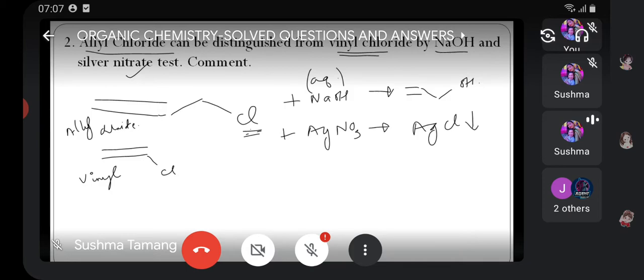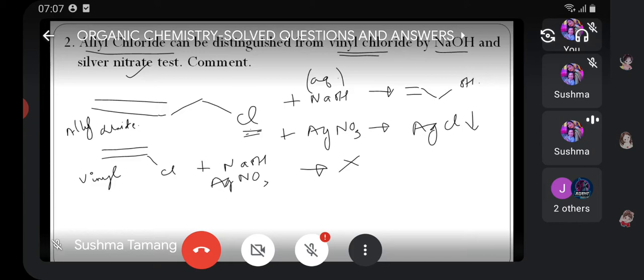We get the test for chloride, free chloride, so it reacts with silver nitrate and finally gives a white precipitate because of the formation of silver chloride. But when you react vinyl chloride with sodium hydroxide or silver nitrate, the reaction will not occur. This is how you can easily distinguish allyl chloride and vinyl chloride.